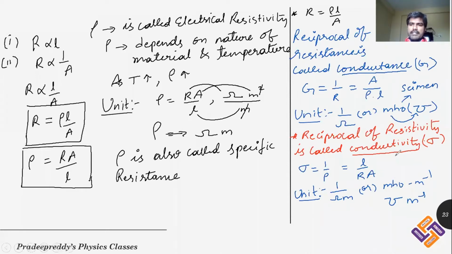The reciprocal of resistivity is called conductivity. Conductivity is 1 by rho. As rho has unit ohm meter, 1 by ohm is mho, or mho can also be written as Siemens. Therefore, you can even write Siemens meter inverse as the other unit of conductivity. So these are the important things which you can learn from resistance and resistivity.